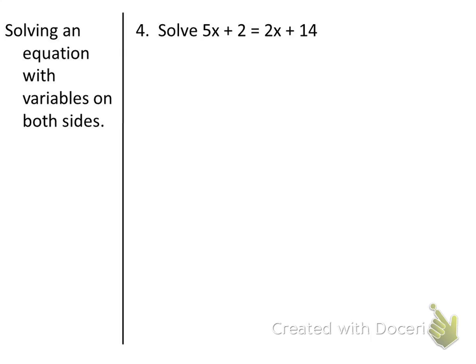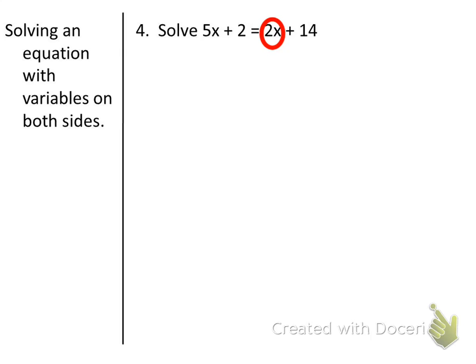Okay, now for number 4, we're going to solve an equation with variables on both sides of the equation. This is lesson 2-4, so I'm just going to put all my variables on one side of the equation and then solve for x. So I'm going to move my 2x to the other side of the equation.